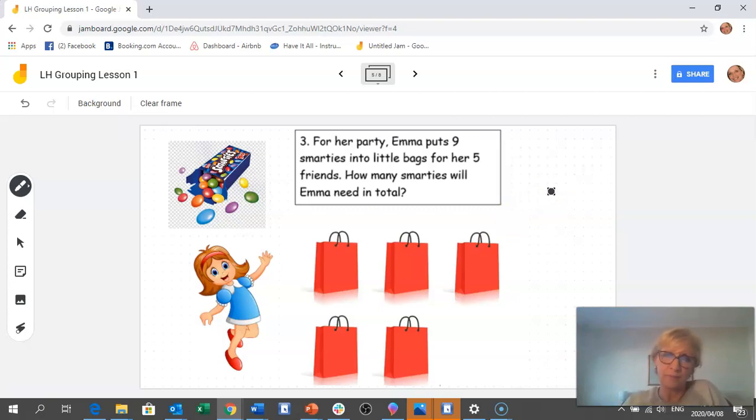But the question is, how many Smarties will Emma need in total? So let's highlight the important things now. We know that there are 5 friends who need Smarties in a bag, and each friend is going to get 9 Smarties put in each bag.